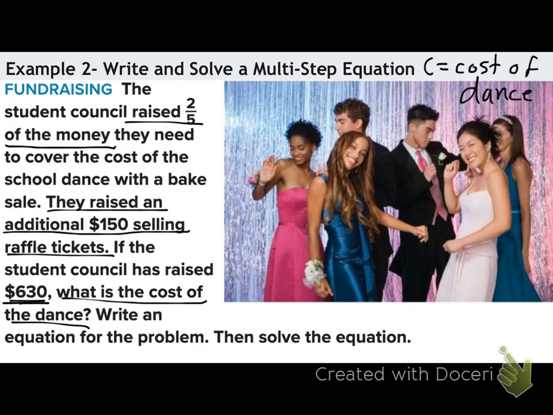So, knowing my knowns and my unknown here is being represented as C, how could I put that all into an equation to represent the problem here? Any ideas? Want to take a shot at it? I heard you say 2/5.